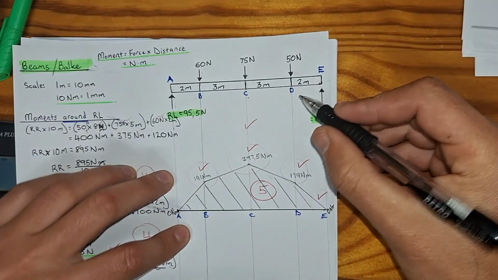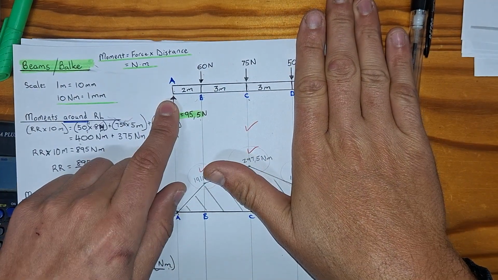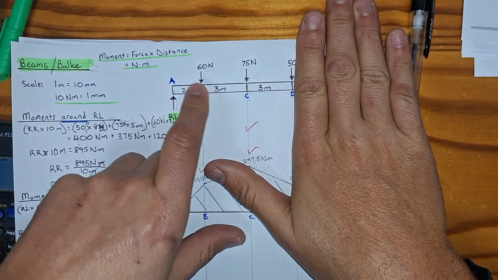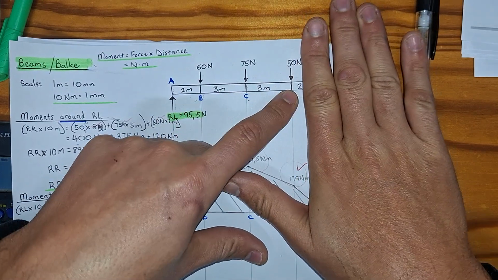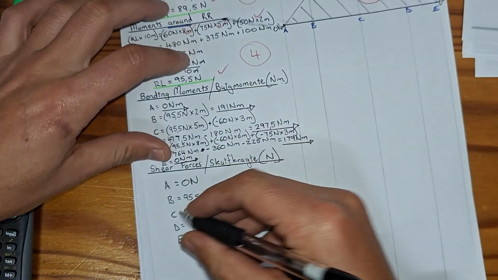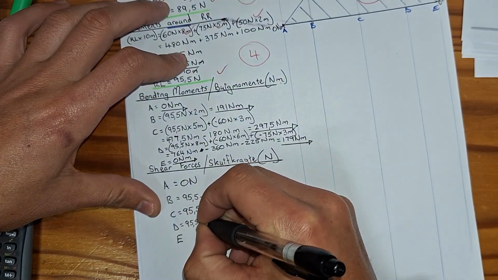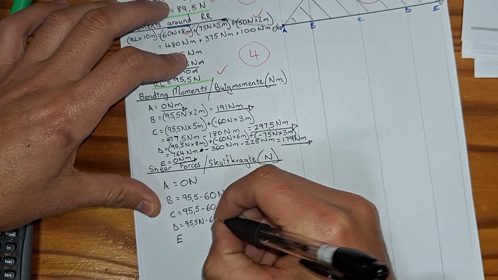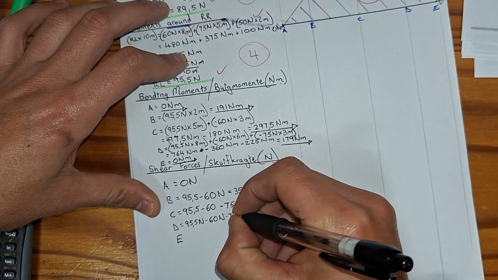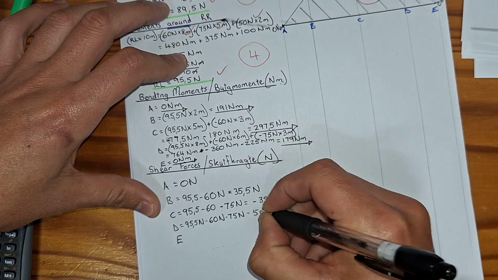Okay, next for D, working towards the left, it's 95.5 positive, minus 60, minus 75, and then minus 50. It's included, minus the 50. So it's 95.5 newtons minus 60 newtons minus 75 newtons minus 50 newtons.